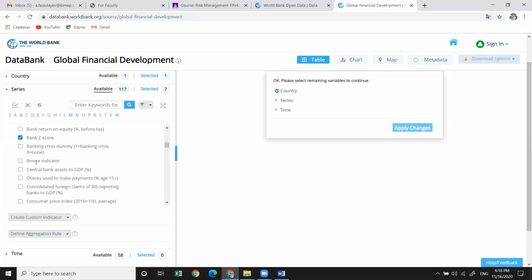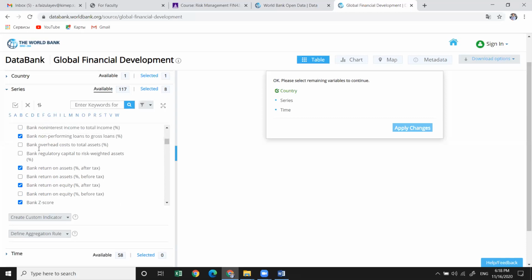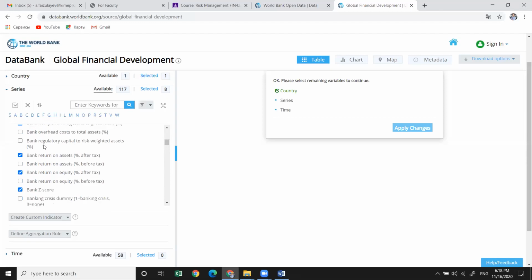The Boone indicator is about the competition. I'm going to write it down. So this is financial stability. When you download it, at the same time it downloads the definition of this.